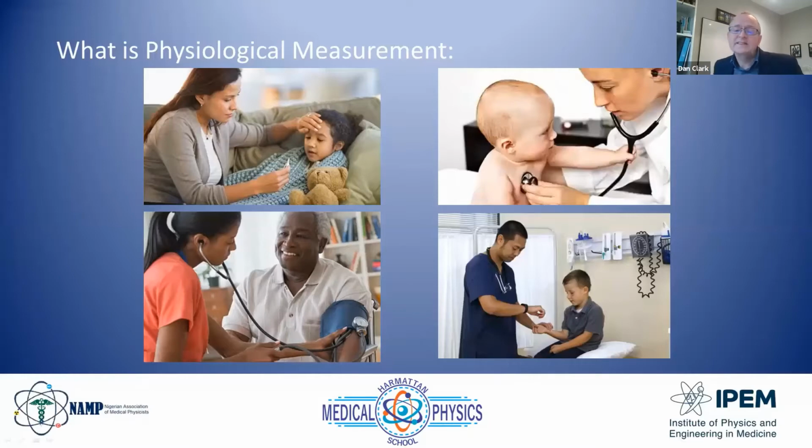The key thing with physiological measurement is we're trying to make a measurement of some part of the body and how it's working. So we use a sensor or a transducer that looks at that body function, that responds to that body function. It might be looking at the temperature or the pressure or the flow, maybe the electrical activity in the body, or even how the chemistry of the body is working. And we convert that into an electrical signal.